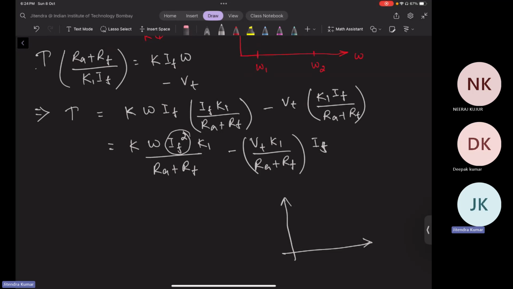I think I'm missing some term here, but generally omega comes in the denominator, some omega square kind of term. So let me write, into IF into Ia.